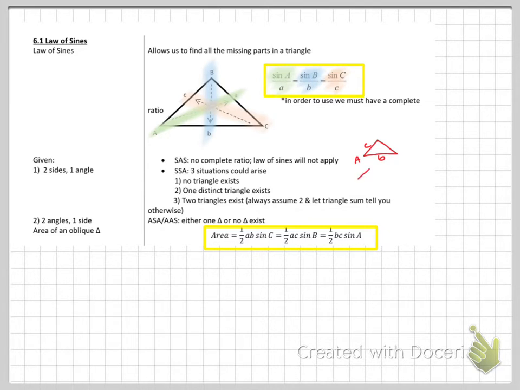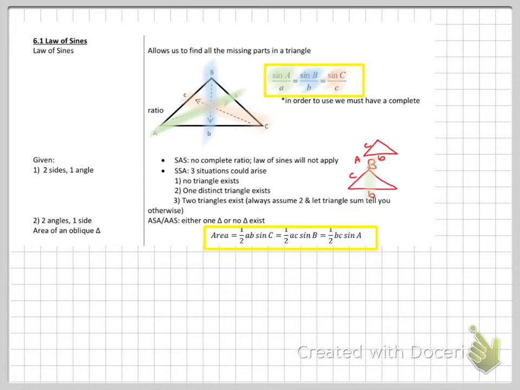If you have side-side-angle, so c, b, and then that would be angle B, or theoretically it could be another way, you have a full ratio, so b over B, so it is going to work. Either one triangle exists, two triangles exist, or none of them exist.